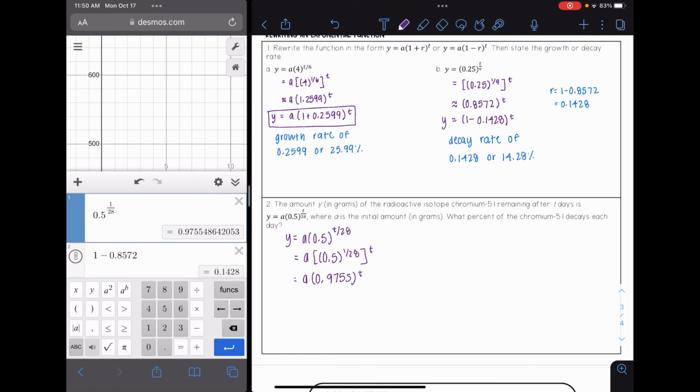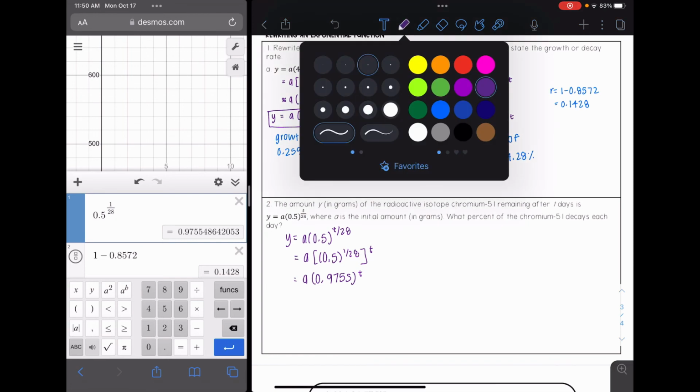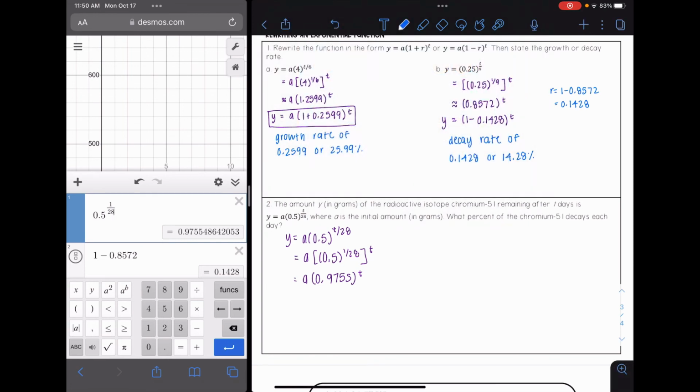But now I need to rewrite this in the form y equals a times (1 minus r) to the t. So I need to figure out what that r is. I know that r is just going to be equal to 1 minus 0.9755, which when I subtract that, I get 0.0245.